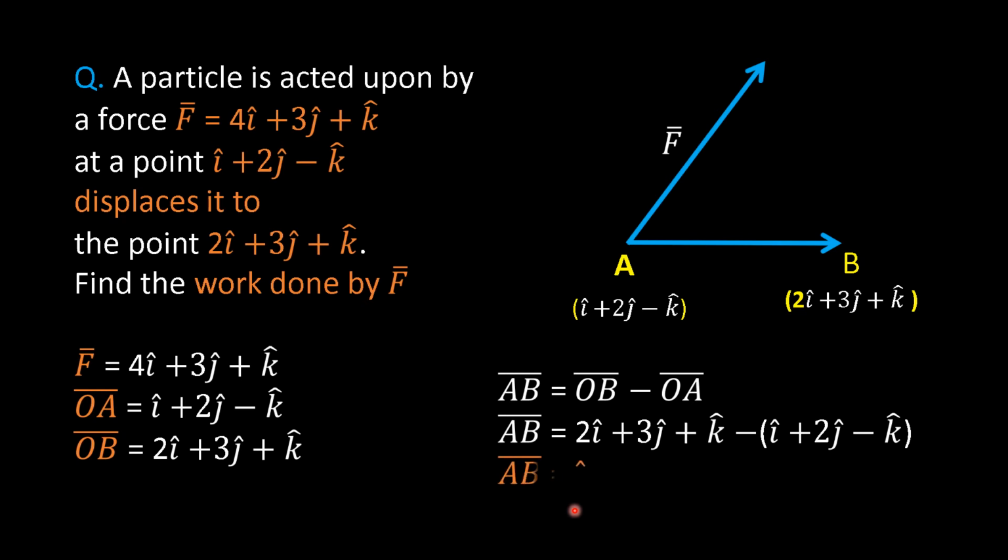This will be 2 minus 1, which is i cap, 3 minus 2, which is j cap, and 1 minus of minus 1, which is plus 1. So k plus k will be 2k. So AB bar will be i cap plus j cap plus 2k cap, which is this vector.